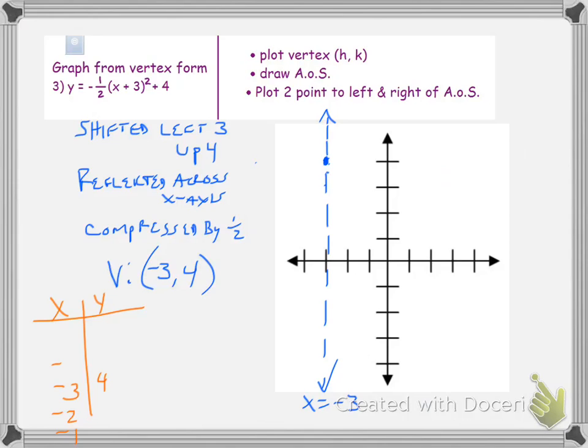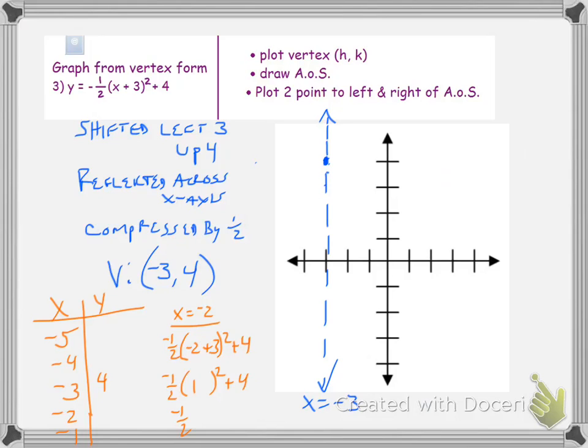So I'm going to have these other points, -4, -5, -2, -1. I'm going to plug in -2. So when I plug in -2, I have -2 plus 3 squared plus 4. And I have to do the parentheses first, so that makes that a 1.